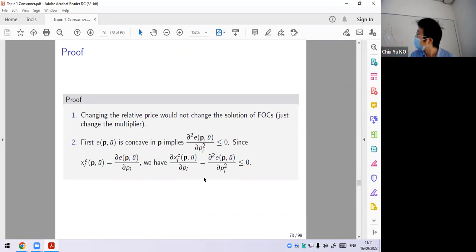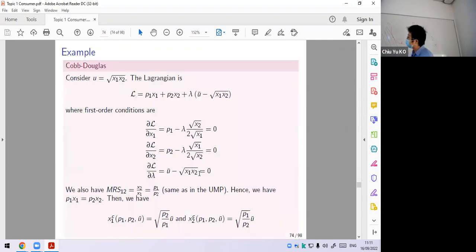But I don't need to consider it here at the moment. For the moment, let's give an example to see how you derive this Hicksian demand. The same thing, right? The price and the Lagrangian.